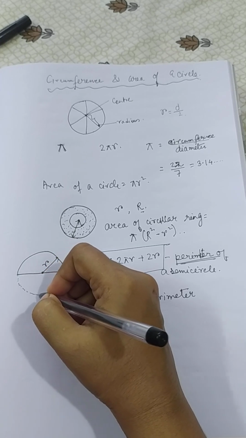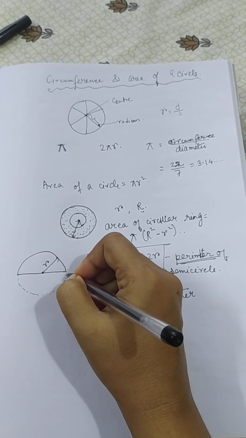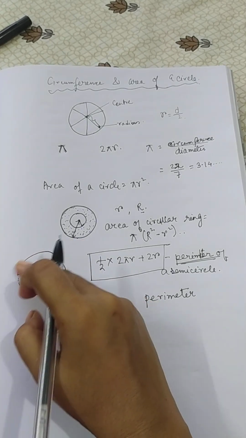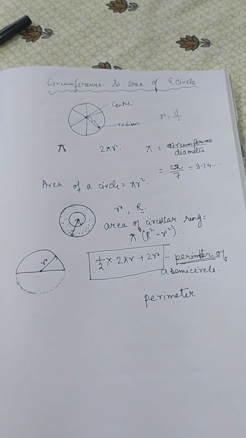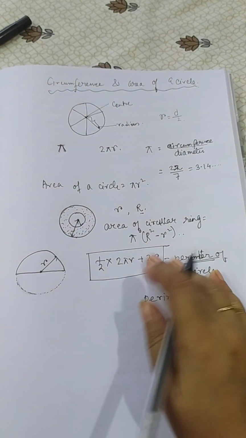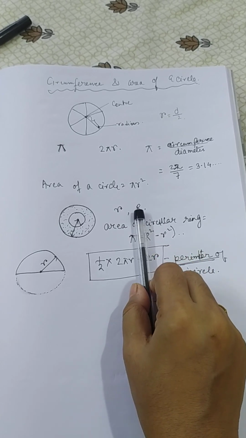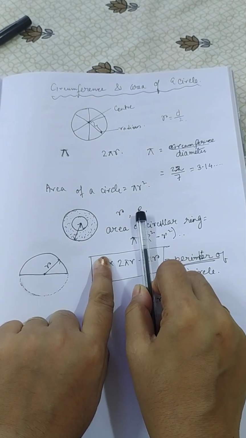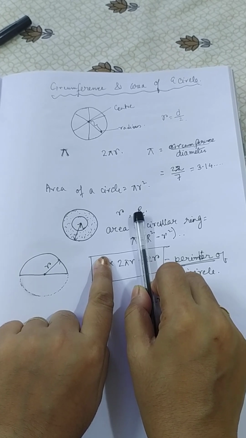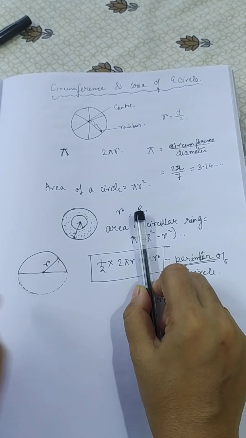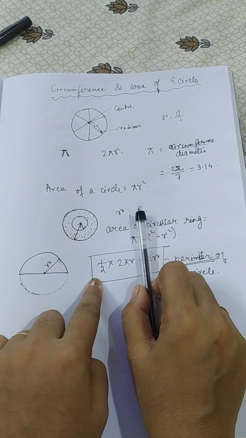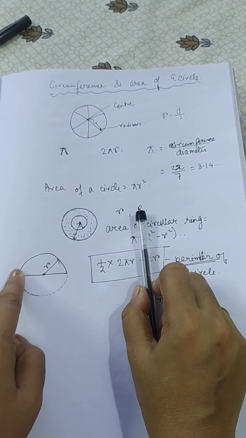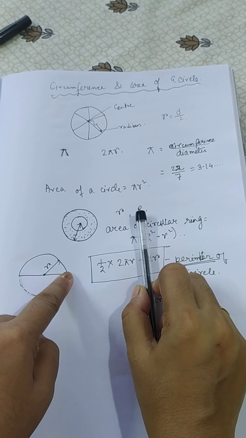now I am just drawing a dashed half circular line, and now look that it is a circle. Now if you just close this part, you will get 2 pi r. What is 2 pi r? That is the total perimeter of the circle. Why half? Because we are discussing the perimeter of a semicircle.